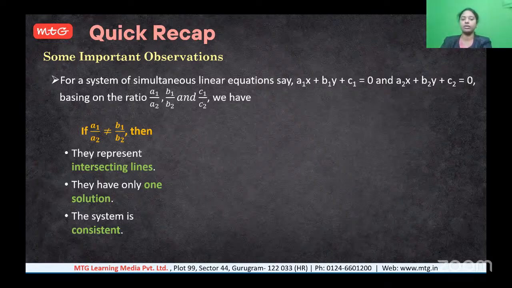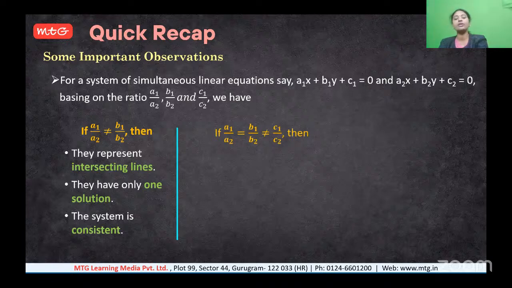The second scenario: if a1 by a2 and b1 by b2 are the same, that is, the x and y coefficient ratios are the same, but the constants ratio is not the same. Have you observed it? X and y coefficients are making the same ratio, but the constant ratio is different.